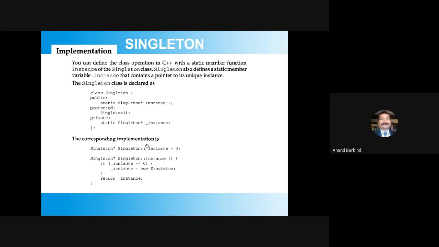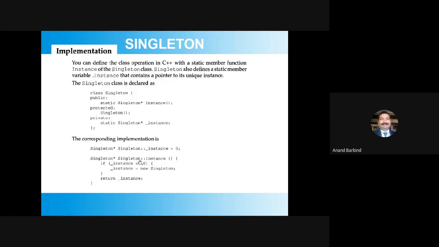So we were at this particular method, that is the instance method. If the instance is not existing, the instance static attribute is checked.